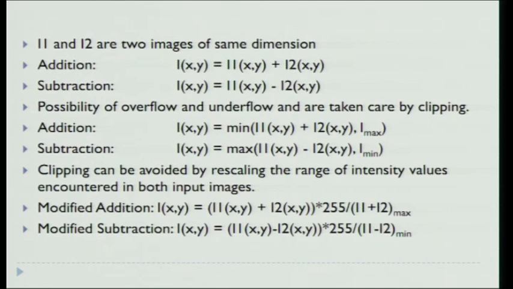Similarly, for subtraction, you take the subtracted value multiplied by 255 divided by the minimum of I1 minus I2. So, after subtraction, whatever the minimum is, that will be taken into account for the division. Is it okay?